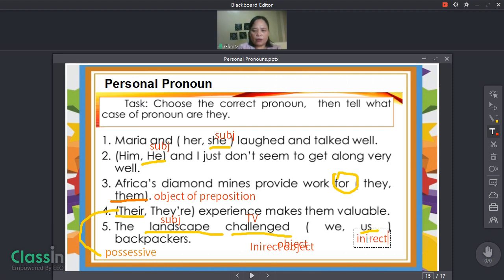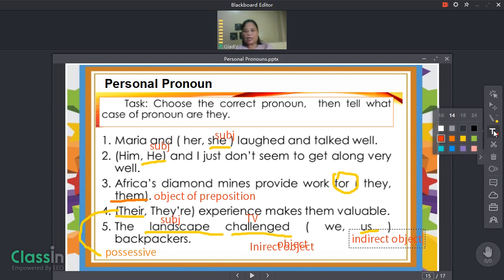And the thing that serves as our direct object is the backpackers.